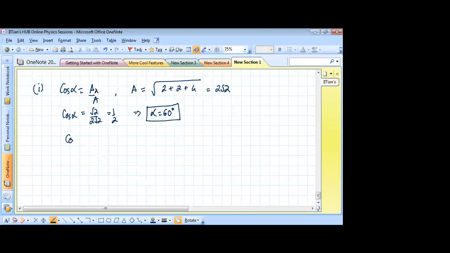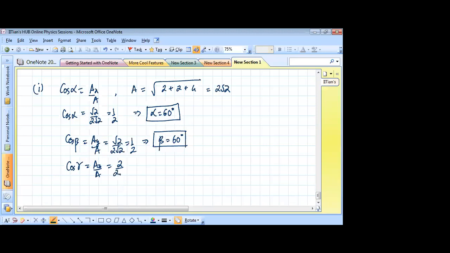Cos beta is equal to Ay upon A. That is again root 2 upon 2 root 2 or half. So beta also equals 60 degrees. And cos gamma is equal to Az upon A. So 2 upon 2 root 2.